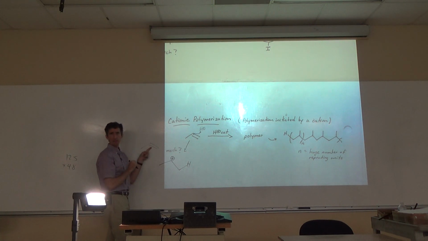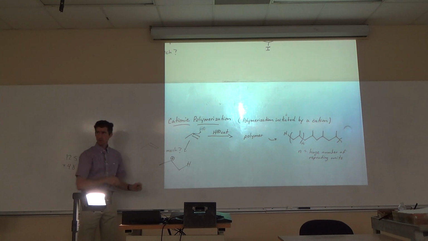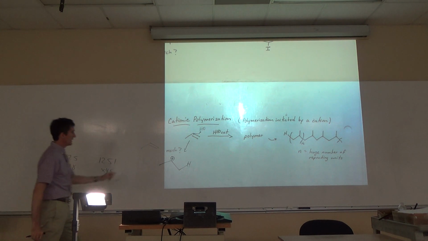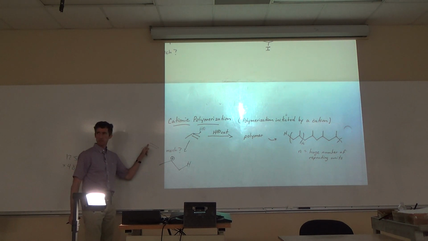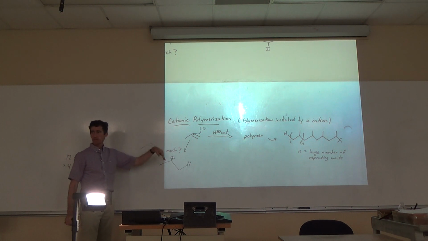We just did it upstairs, except we did it internally. This is going to be intermolecular. Another alkene attacks the carbocation. Then you're going to form another carbocation, on left or right? Left. What can attack that carbocation? Another one of these. But guess what? Then you're going to make another carbocation.